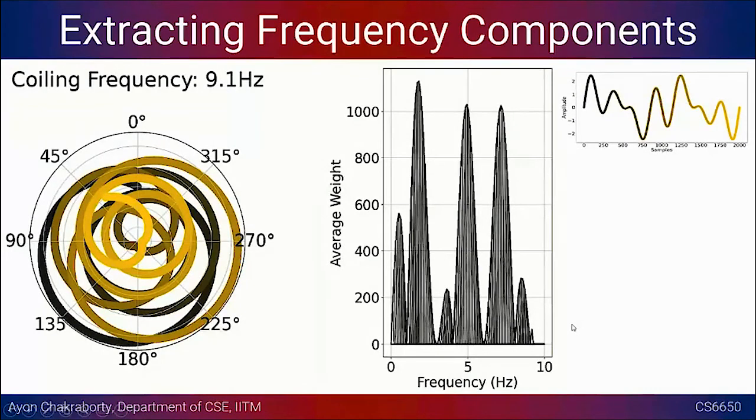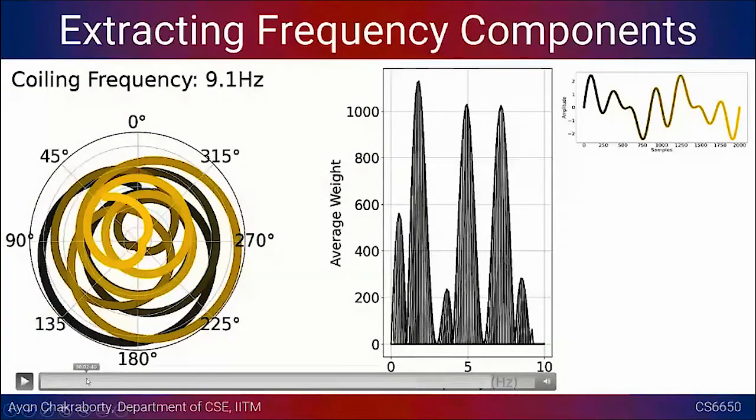So what I have plotted is the different frequency components, right? And for every component, I'm also looking at the weight, right? And I have already showed you how we are calculating the weight. We are just calculating the weight simply based on the center of mass, right, of the different sample points.